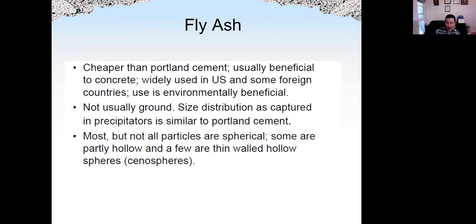The size of fly ash is mostly similar to Portland cement, around 1 to 20 micrometers in diameter. Most of the particles are spherical in shape, but some of them are partially hollow. They have hollow space inside.